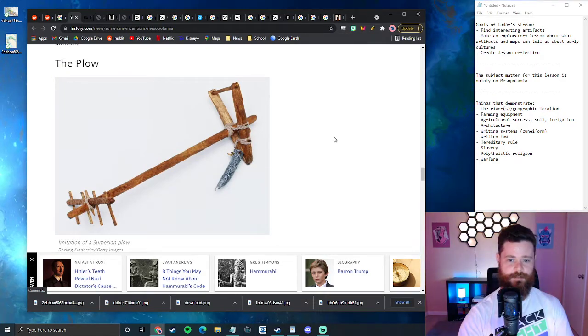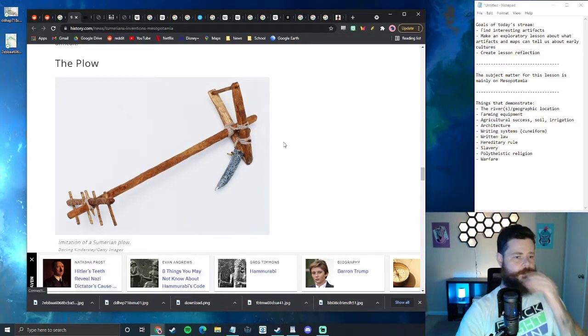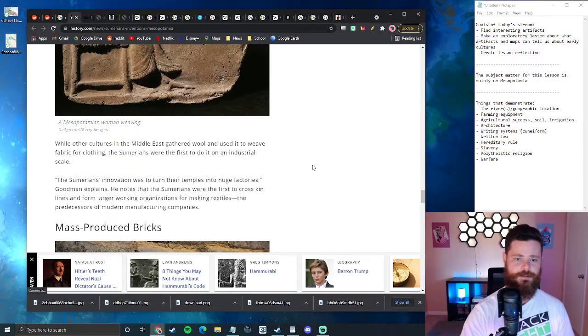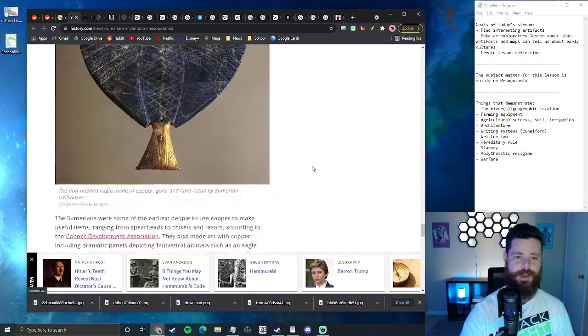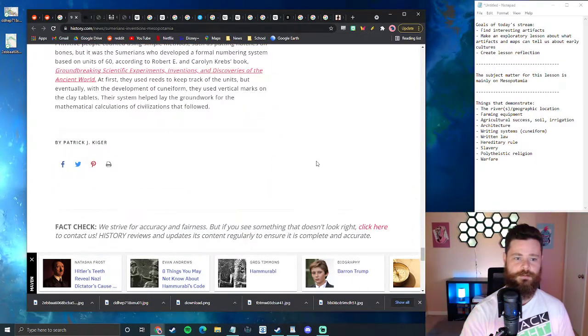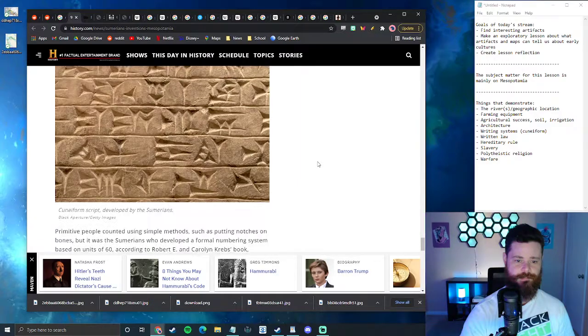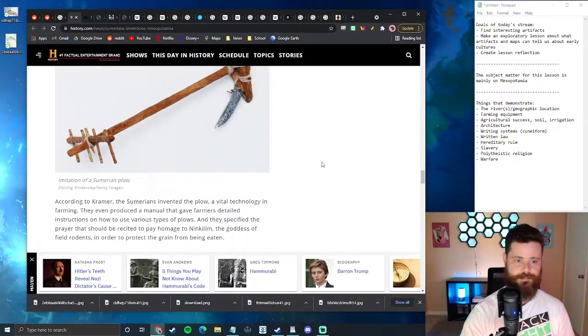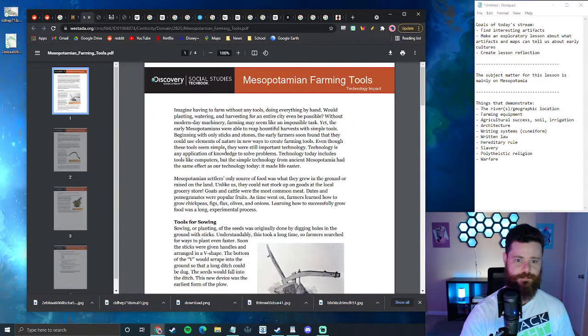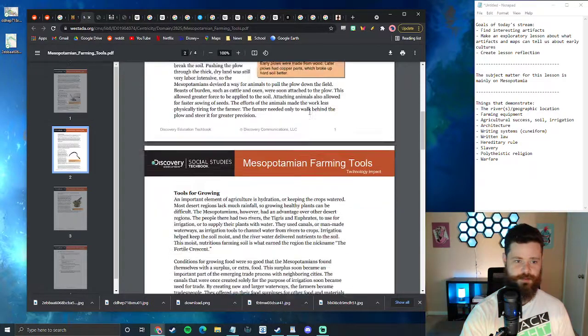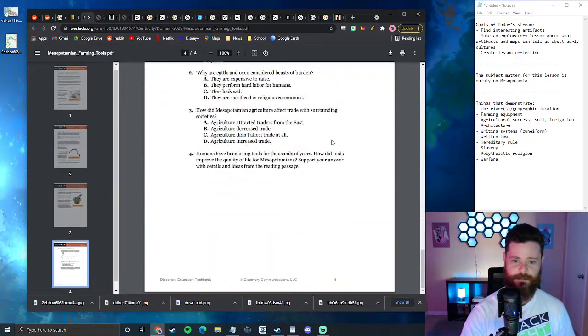Imitation of a Sumerian plow. I wonder if there are any actual plows that we could take a look at. I guess that's what I'm looking for. So there are drawings of them and diagrams of them.